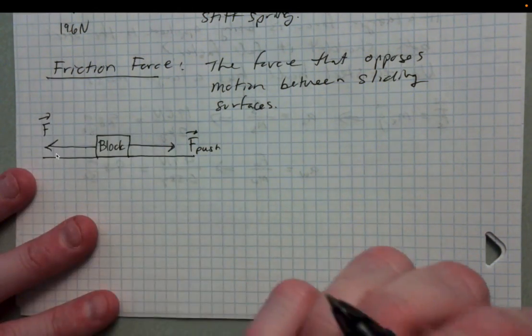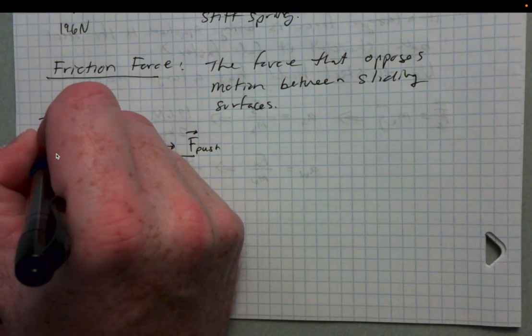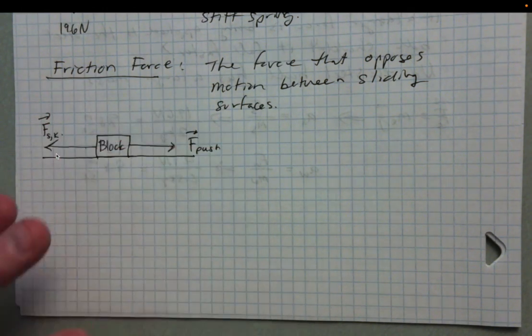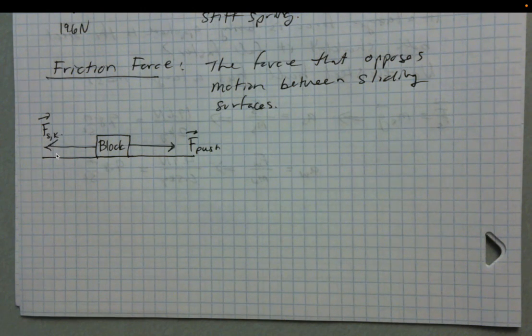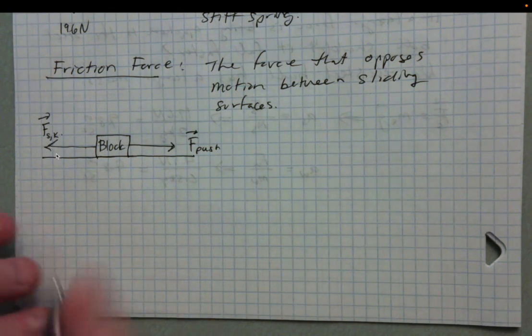And there's two kinds of friction. There's static friction, and there's also kinetic friction, and we're going to talk about both of those separately. Depending on whether the block is moving or sliding, the friction force is going to be different. Let's talk first about kinetic friction.